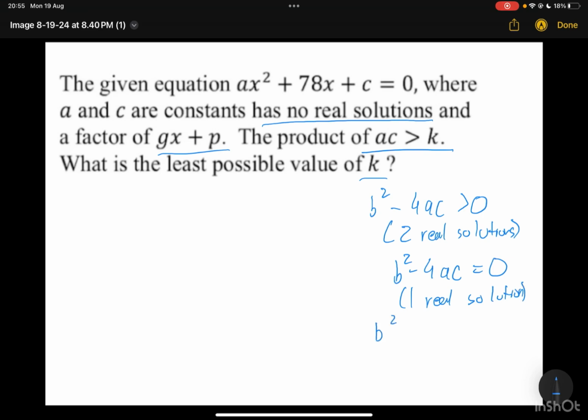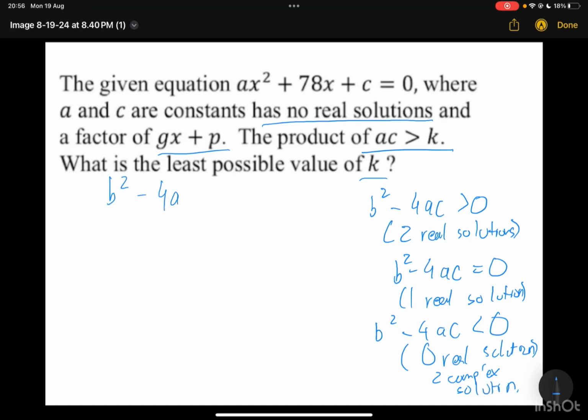And b squared minus 4ac less than 0, which means we have zero real solutions, or two complex solutions. So in this problem, b squared minus 4ac is 78 squared minus 4ac. It says it has no real solution, which means it is less than 0.